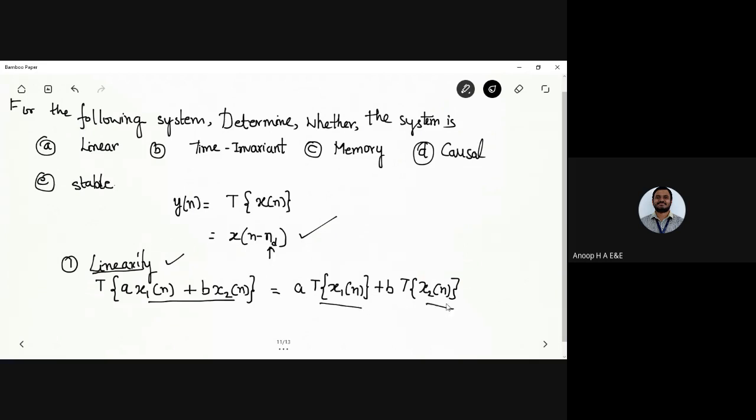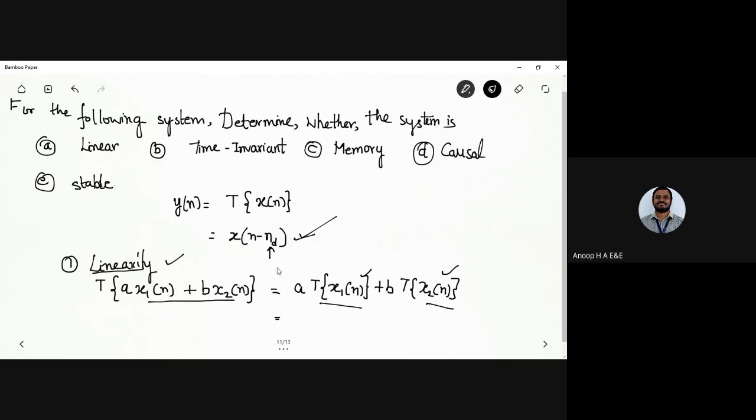It can be split as a into T of x1 of n plus b into T of x2 of n, the T operator applied on two weighted inputs. Let us see how we can write it, with the signal x of n minus nd.